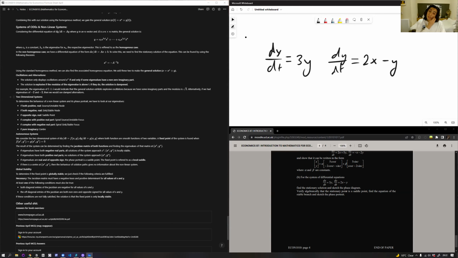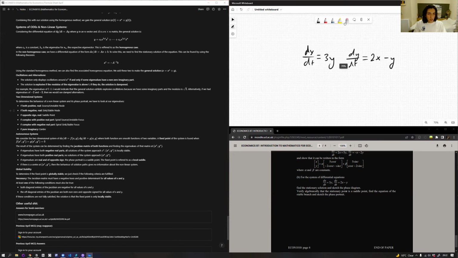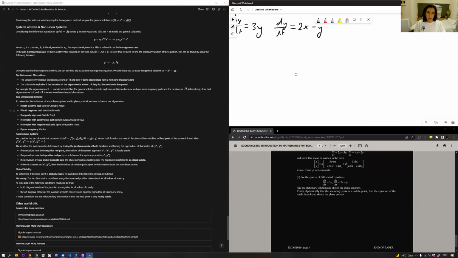Generally we would find the stable branch in this case, so we can do that. But what's easier to do is just start with the phase diagram straight off. You can write stable lines, the lines where the derivatives equal 0, so it's much easier to look at.